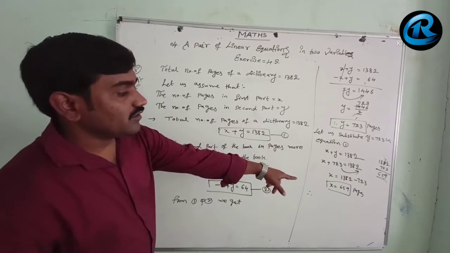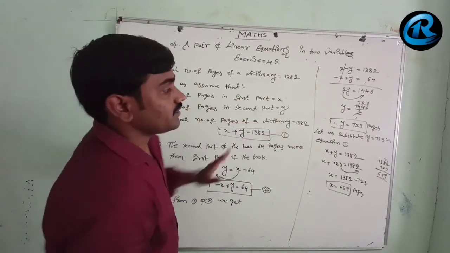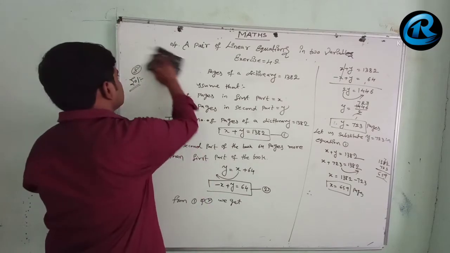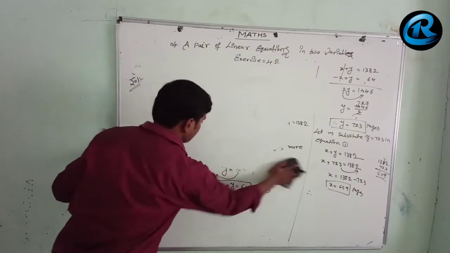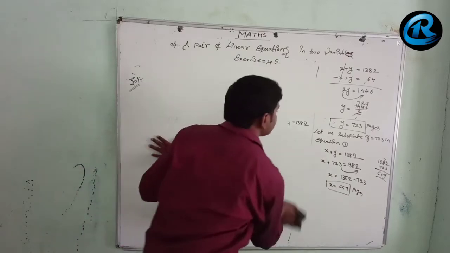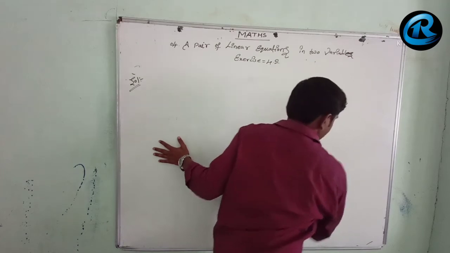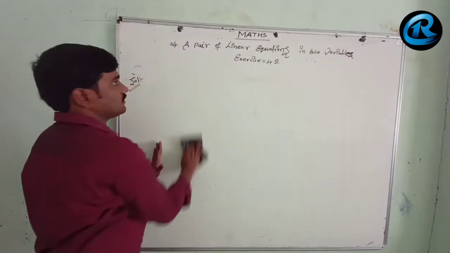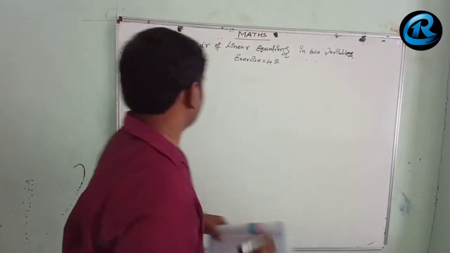In part 1 we have 659, in part 2 we have 723 pages. Then you go for question number 9 and also question number 10. That is question number 9.